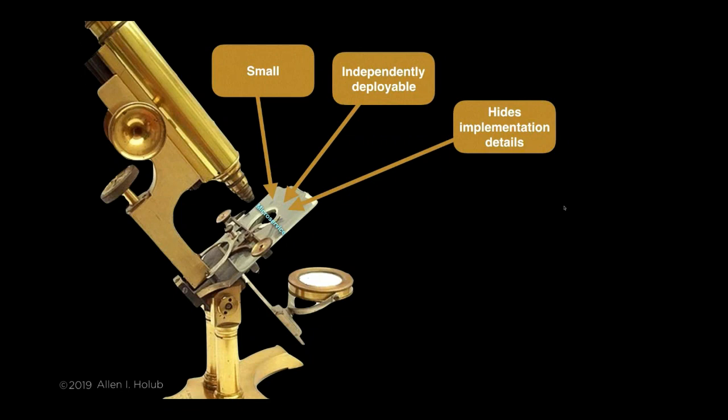is an implementation detail. So as a consequence, usually you do not access any of the data that the service uses to get its work done. Instead, you ask the service to do some kind of work for you. And how it does that work should be unknown. Now, one of the things that gives you, which is important, is that you can then make changes to how the service does its work without impacting any of the users of the microservice.